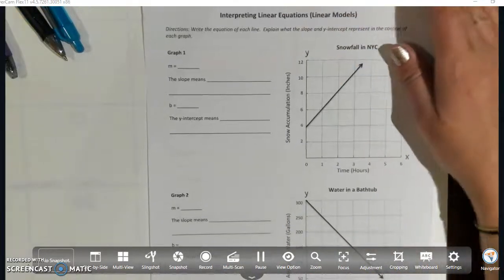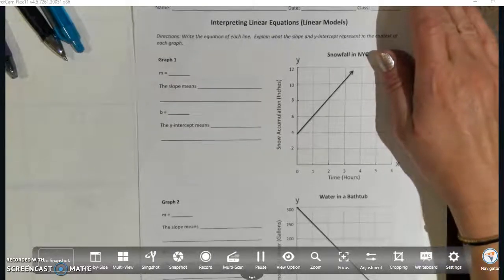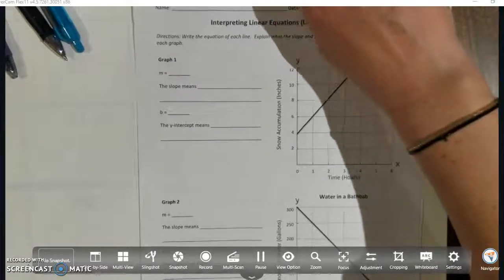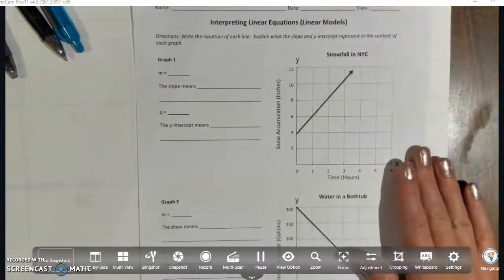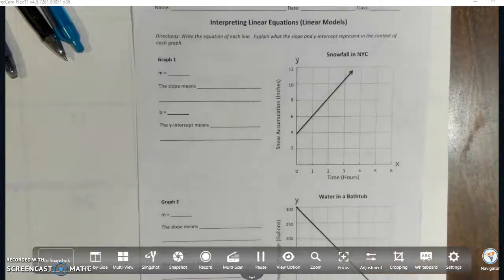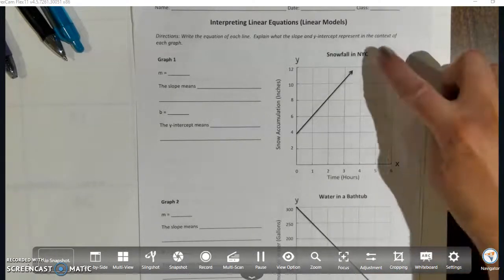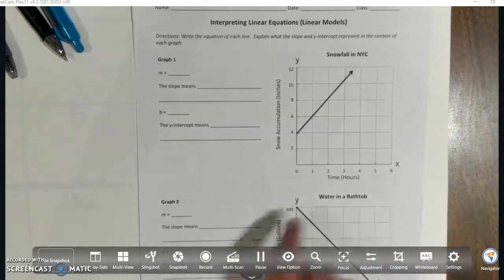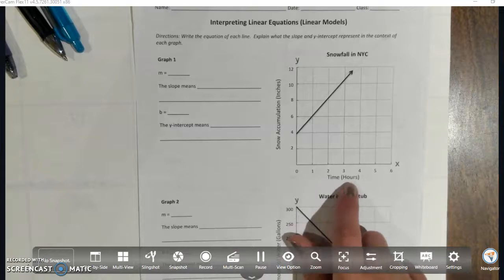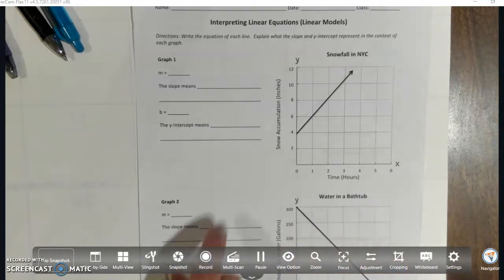So I'm going to zoom in on this first example. Here we have how much snowfall was happening in New York during a certain amount of hours.